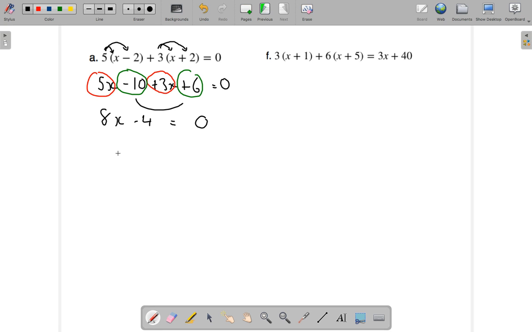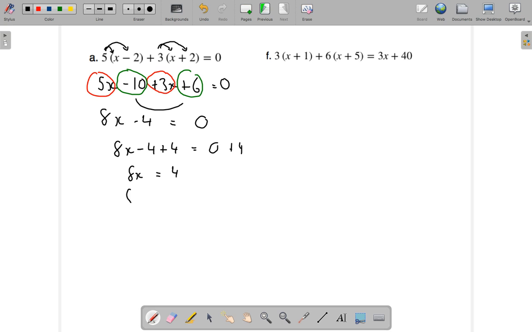All right? Now, we've got to get x by itself. To get rid of the -4, we add 4 to both sides. Equals 0 plus 4. That gives us 8x equals 4.